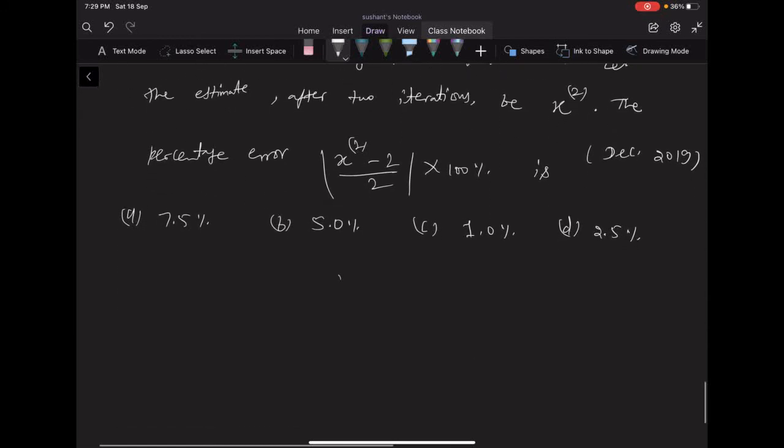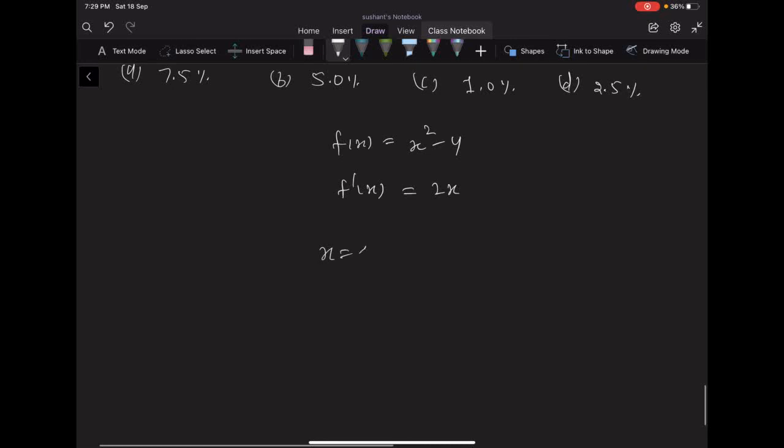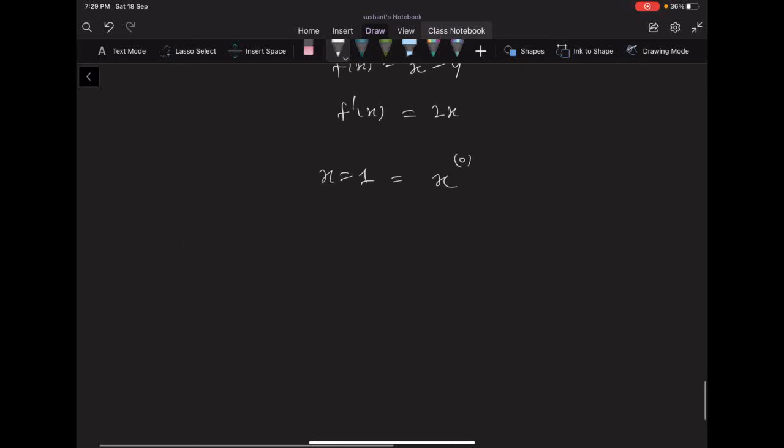Here f(x) is given as x square minus 4, so f'(x) is simply 2x, and the initial guess is given as x equals 1, which is x0. So from the Newton-Raphson formula, x1 is given by x0 minus f(x0) upon f'(x0).